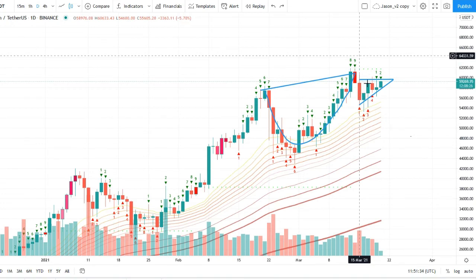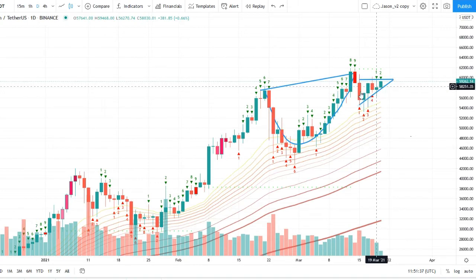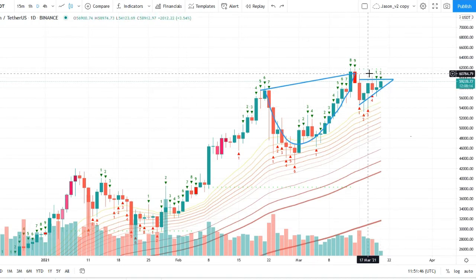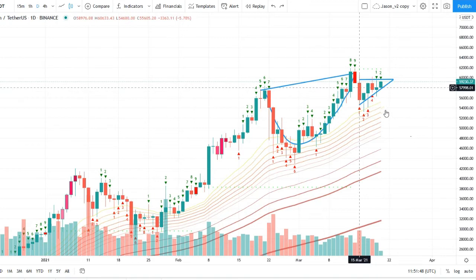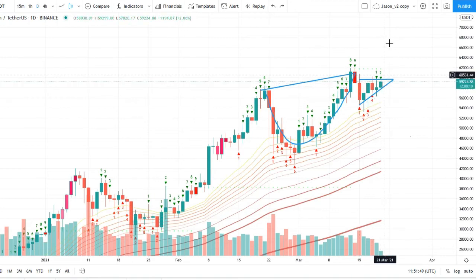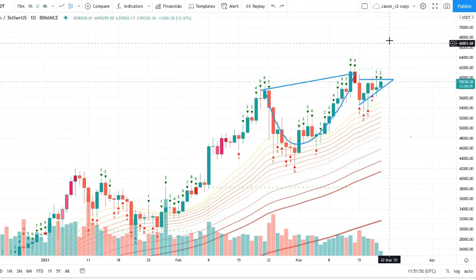However, since then we have seen a bit of a recovery and a bit of an ascending triangle in a sense. And in this bull market, with this ascending triangle, the likelihood of an upside breakout is more probable than a downside. So that is really it.